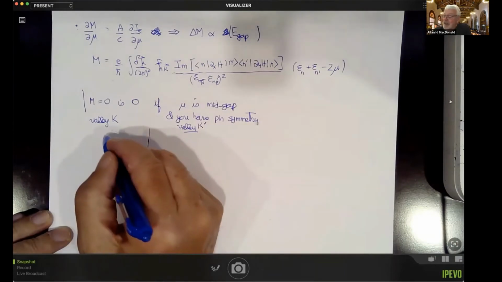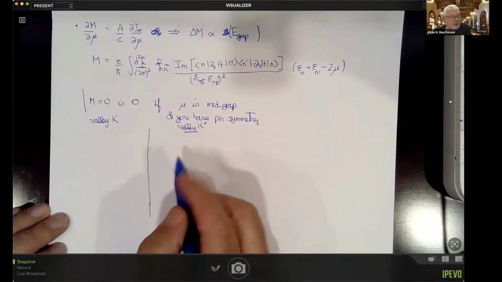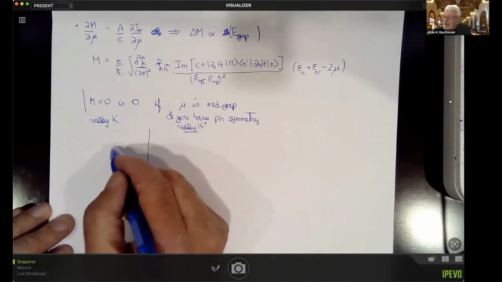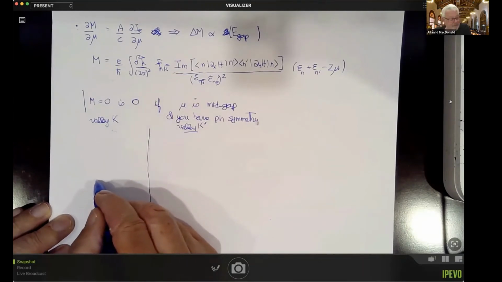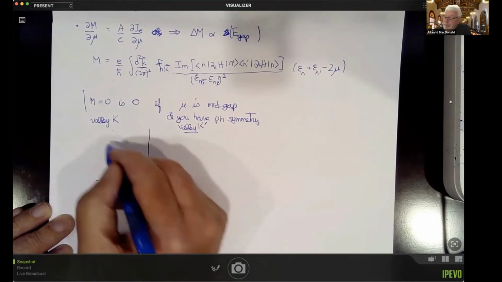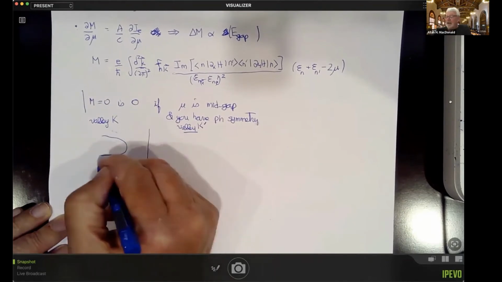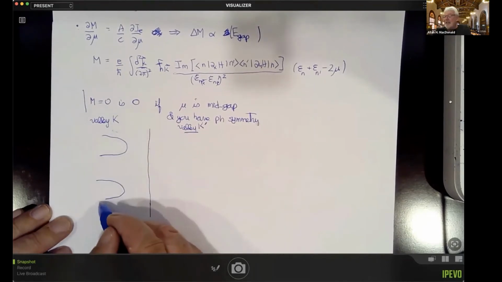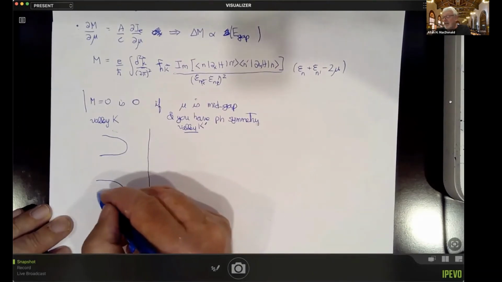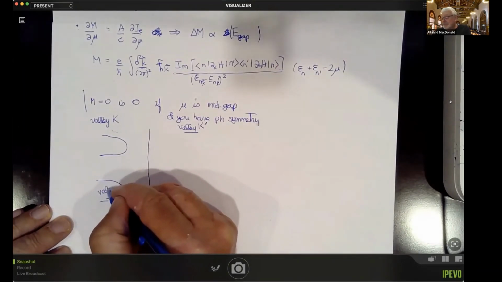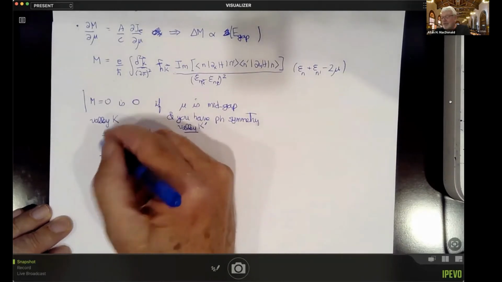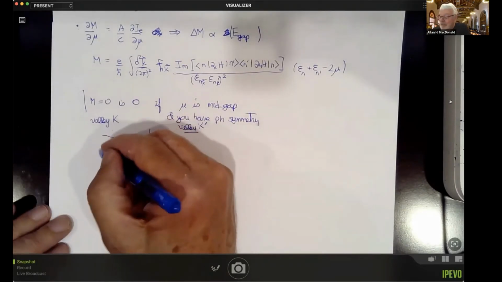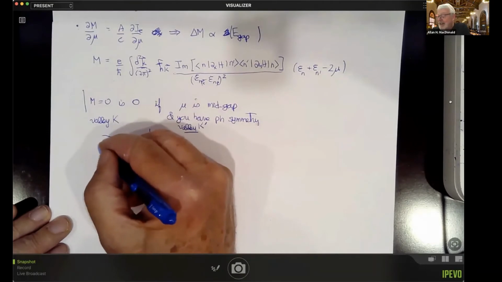So let me imagine that. Here is valley K. It's got two bands close to the Fermi level, two flat bands.